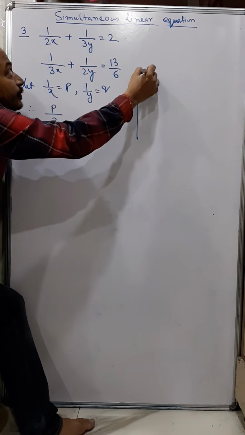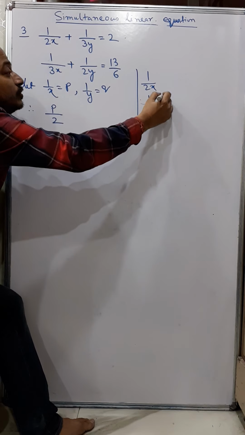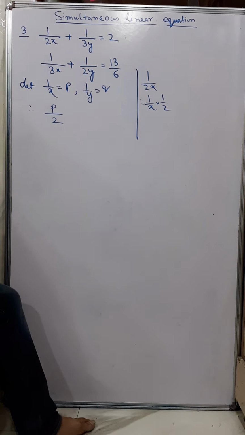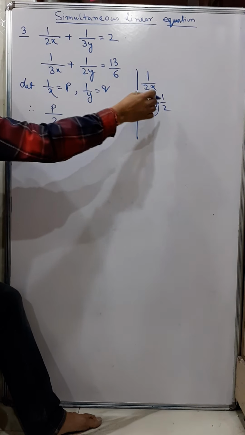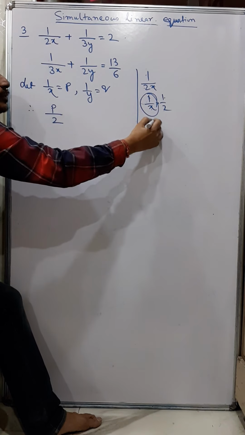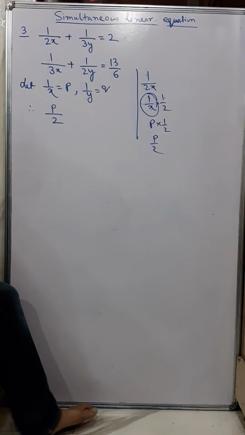So look here, when I say 1 by 2x, it means 1 by x into 1 by 2, and 1 by x means p. So finally I get p by 2. Okay, similar.